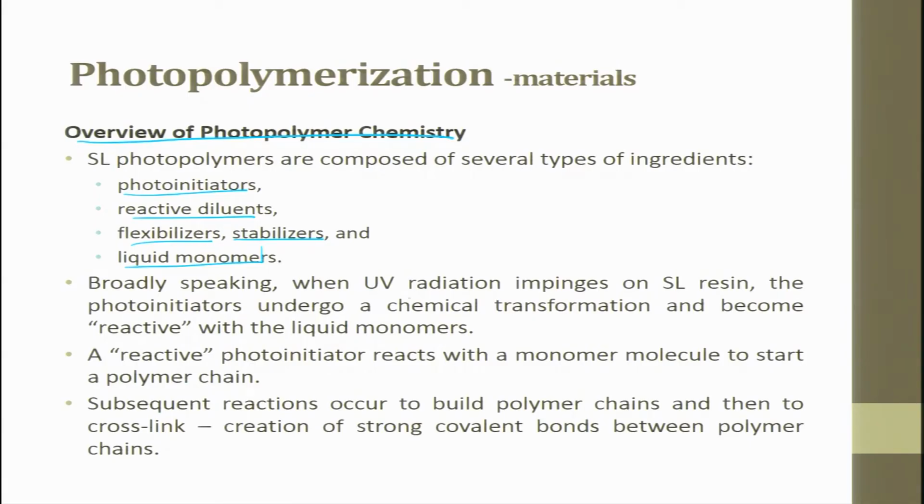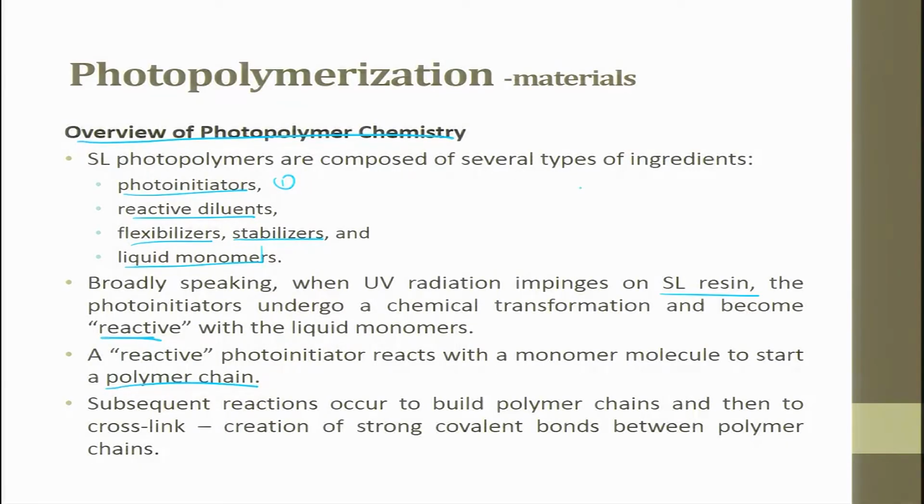Broadly speaking, when UV radiation impinges on SL resin, the photoinitiator undergoes a chemical transformation and becomes reactive with a liquid monomer. So, this fellow will absorb the UV and start initiating the bond between the different mers. The reactive photoinitiator reacts with the monomer molecules to start a polymer chain.